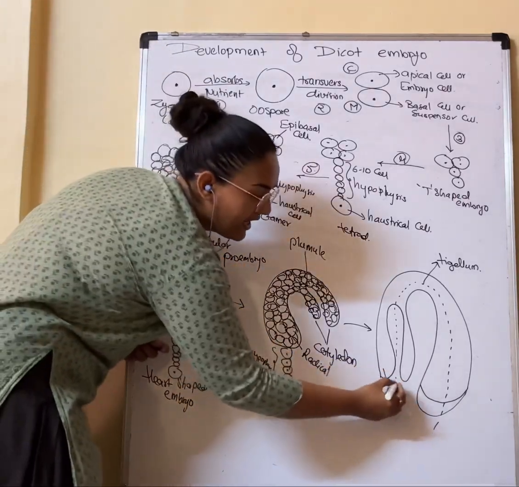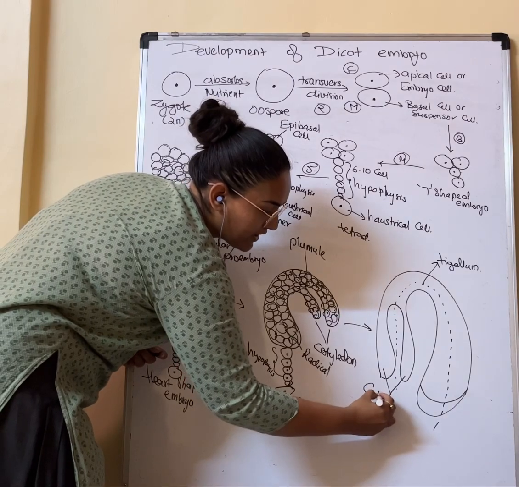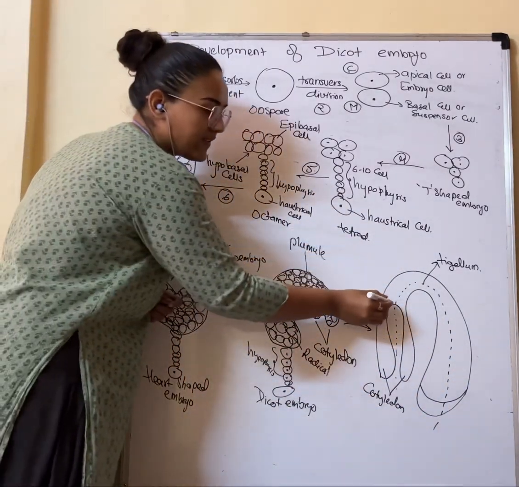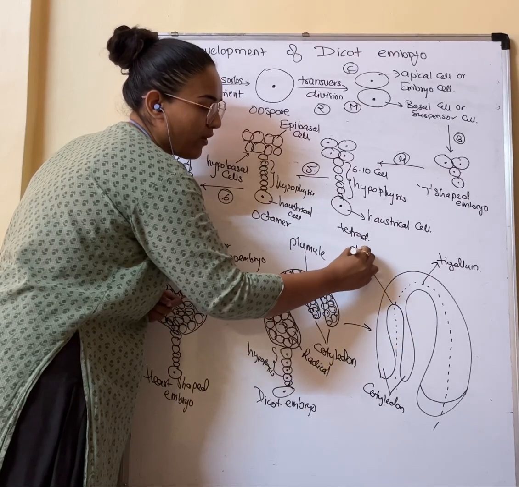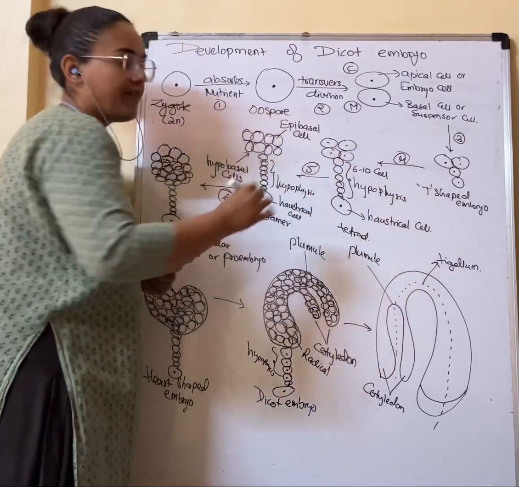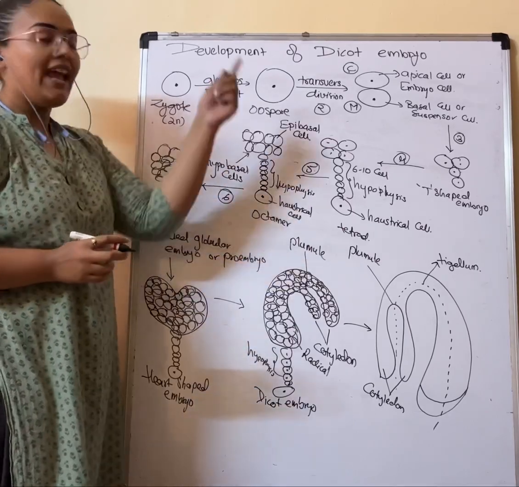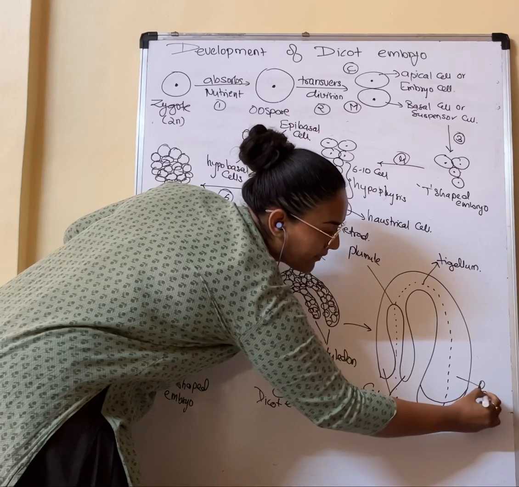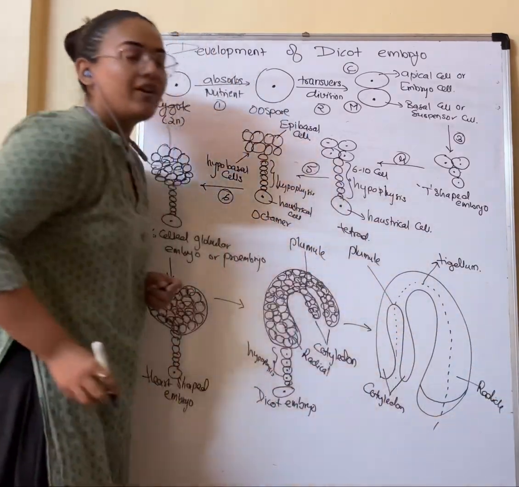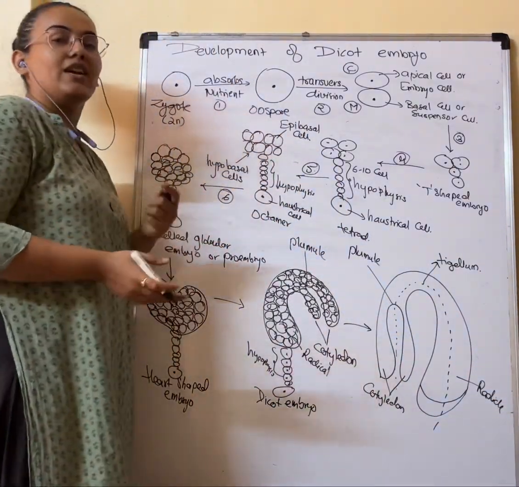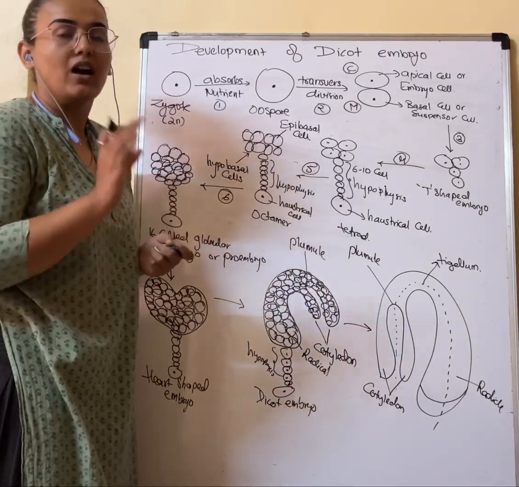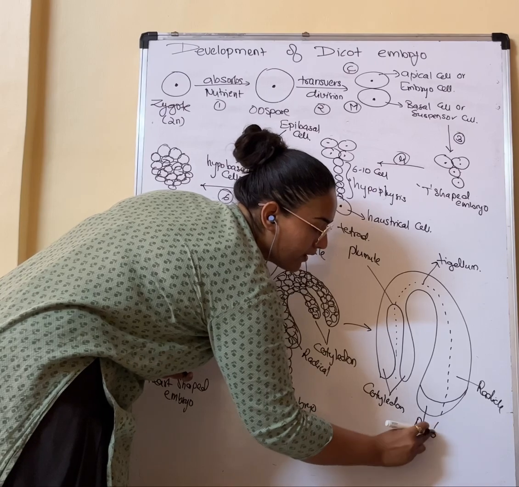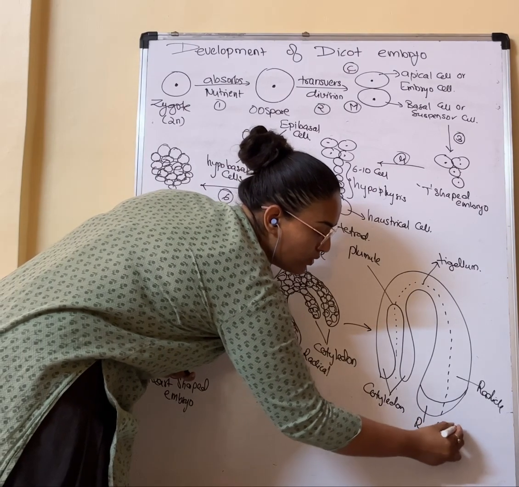Again, see these two structures, cotyledons. Fine. The point where these cotyledons fuse, they are going to form the plumule. Right. On the exact opposite side, you are going to get the radicle. And as you know, the radicle is protected by a cap-like structure called the root cap.